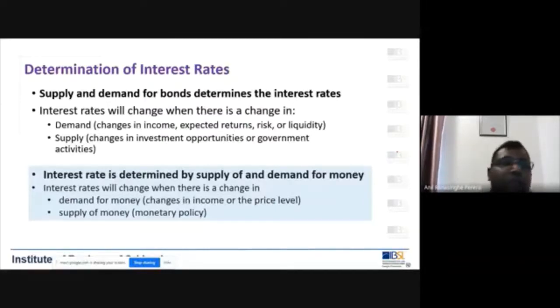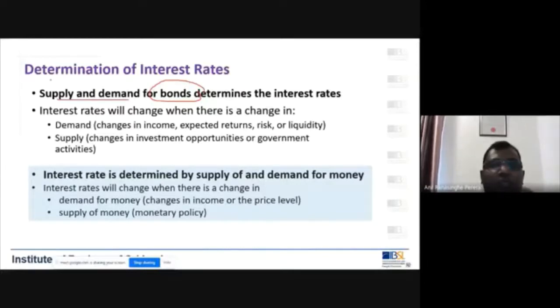One such argument says the supply and demand for bonds will determine the interest rate. Bond means treasury bills or whatever, the government bonds, kind of a financial instrument. So interest rate will change when there is a change in demand for bonds or supply of bonds.